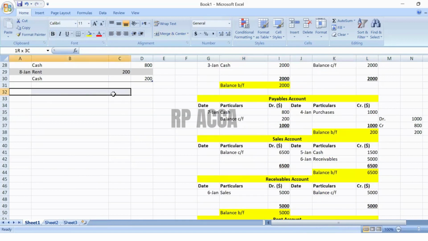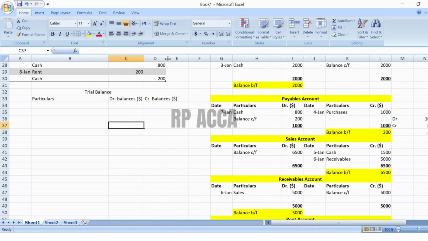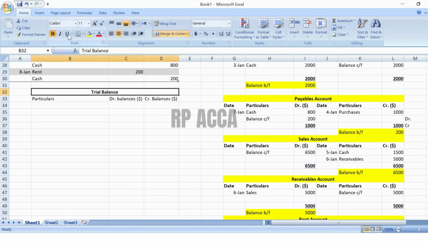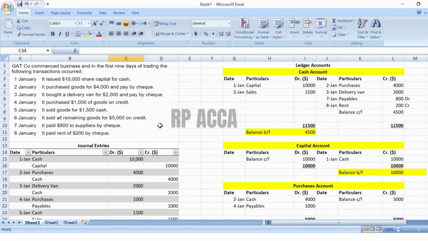Let's put the basic format and start. Cash has a debit balance of $4,500.